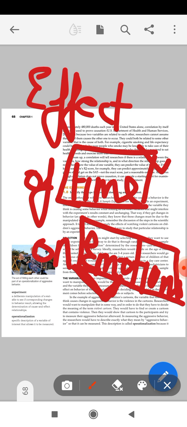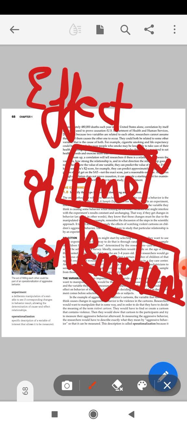Now listen carefully: in our experiment we have to make it clear how we will manipulate time. Like I have said, we will choose a time of morning with a specific time like 7 a.m., and then afternoon and evening. These are the three manipulations we are doing with our independent variable.